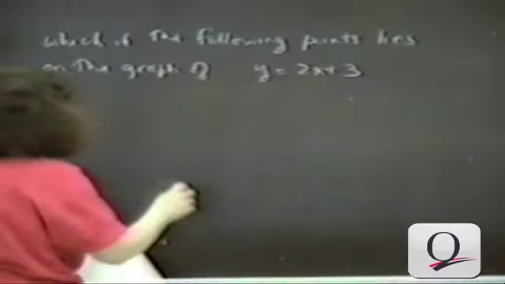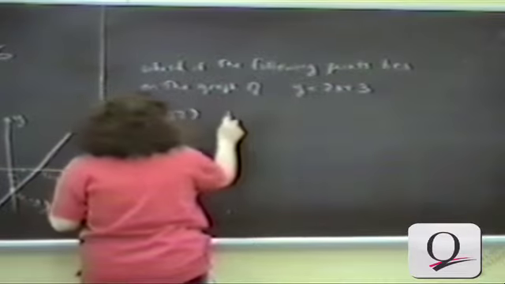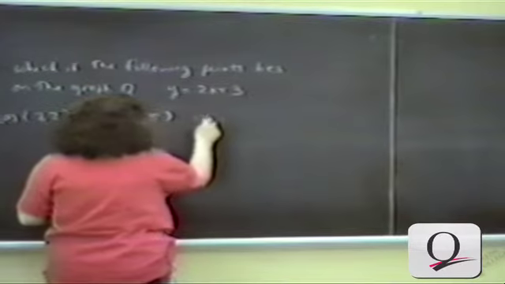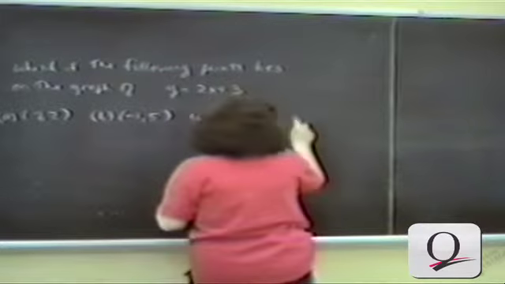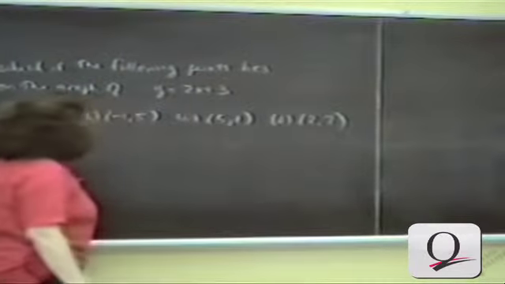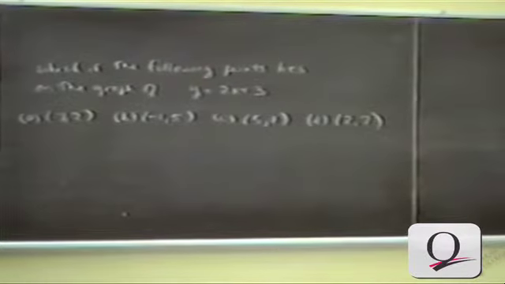And they give you various choices. For example, A might be 7, 2, B minus 1, 5, C 5, 1, and D 2, 7. Which of the following points lies on the graph of y equals 2x plus 3.